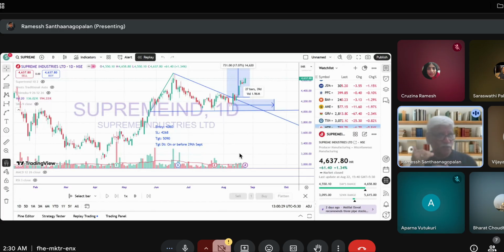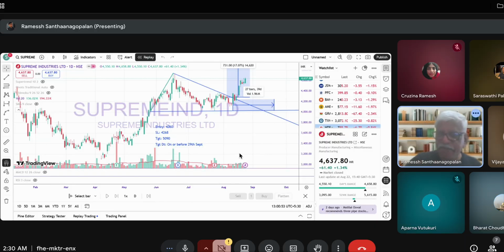I see that it looks like it is going up, so it goes up to 52. Because the target set was 5090, you were waiting for the stock to move to 5200 or whatever it is. But you don't know how much it can come down from 52.